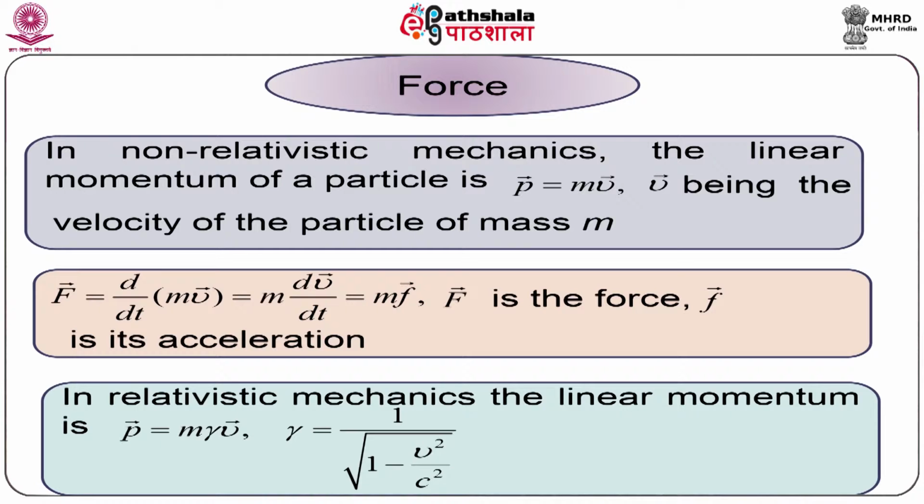Here v is the uniform velocity with which frame S dash is moving along the common direction of x and x dash axis, while c is the speed of light.